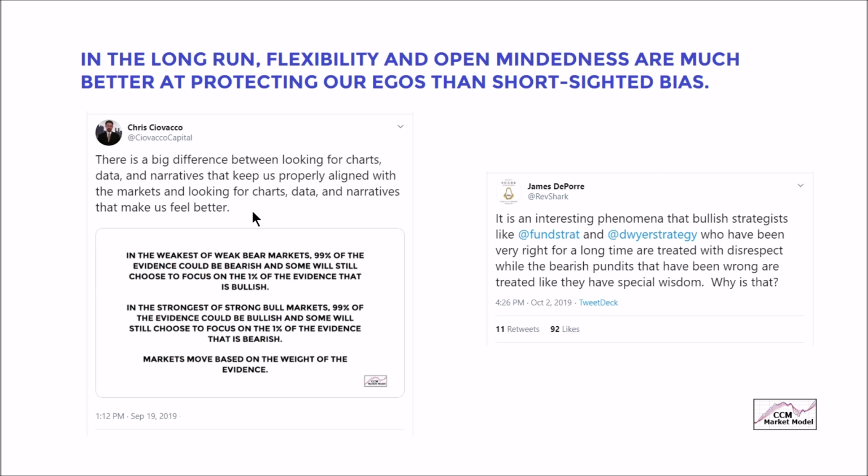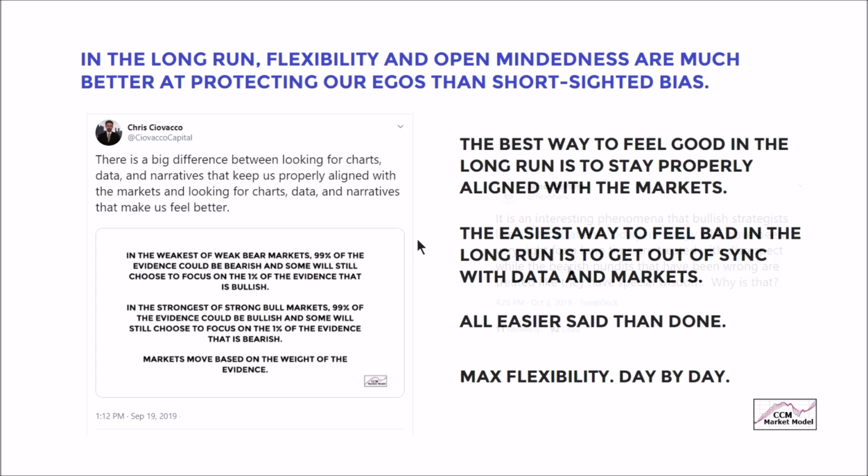There's a big difference between looking for charts, data, and narratives that keep us properly aligned with the markets and looking for charts, data, and narratives that make us feel better. We've been doing this a long time. We've been in this situation here, and we've been in this situation here. We'll pretty much do anything we possibly can to avoid being back in this situation here.